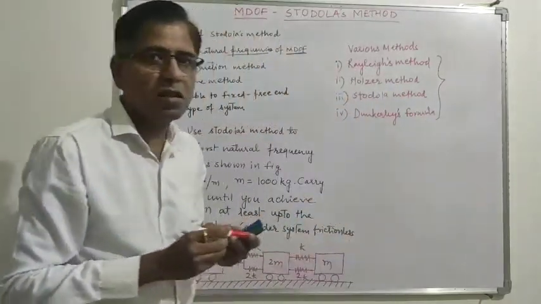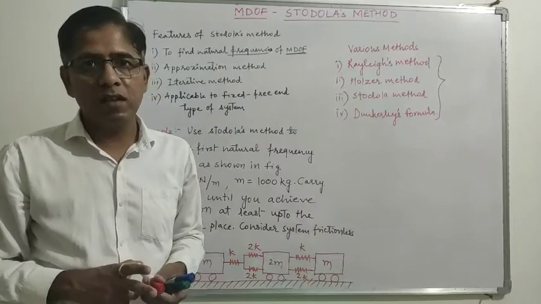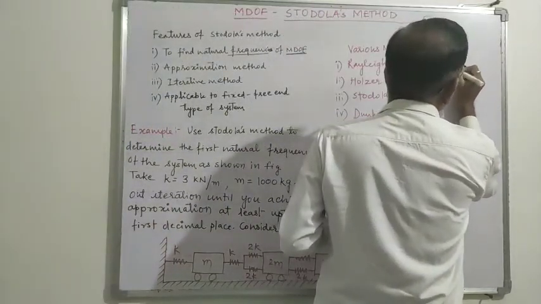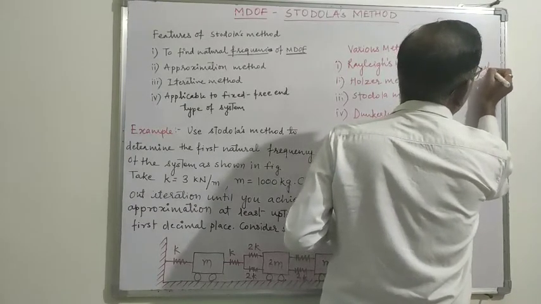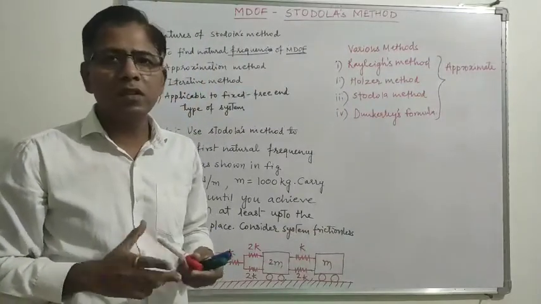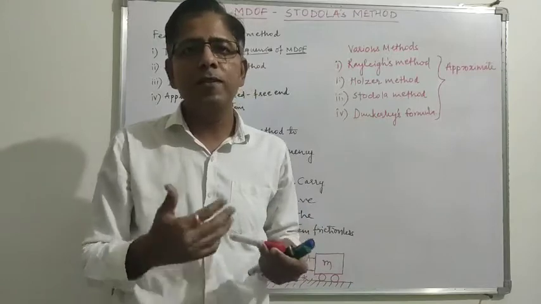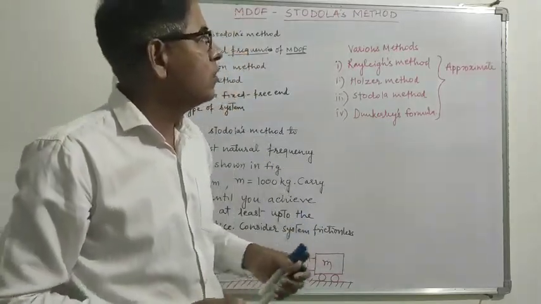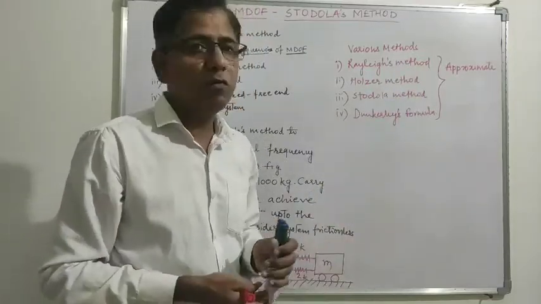So there are one or two common things in all these methods. Number one, they are approximate methods. That means they don't give the exact solution. Actually, these methods are based on trial and error, and once the answer converges, then they come out with the solution.